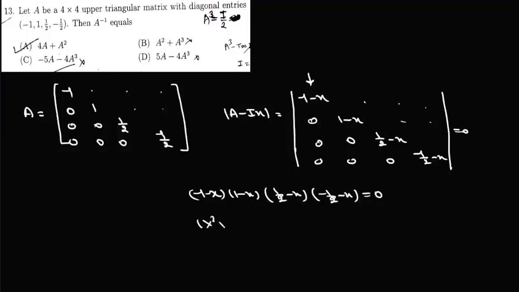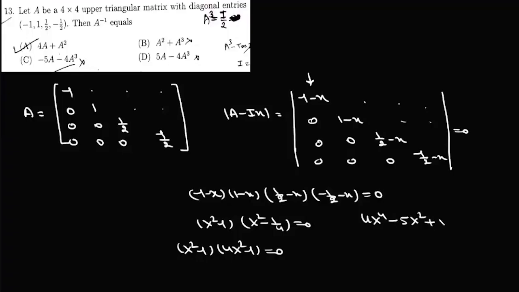Now this is x square minus 1, and this is x square minus 1 by 4 equals 0, or x square minus 1 into 4x square minus 1 equals 0. So our characteristic equation will be 4x to the power 4 minus 5x square plus 1 equals 0.